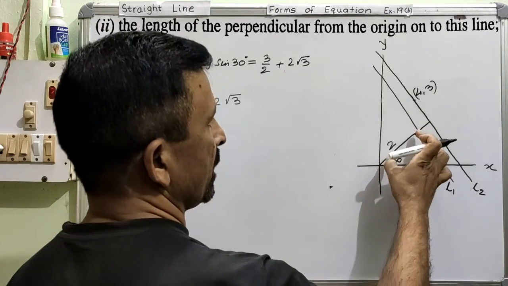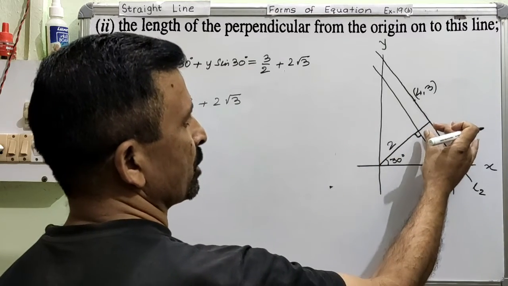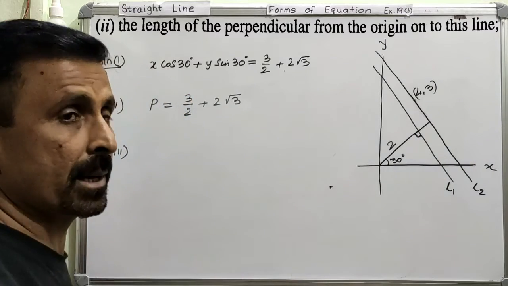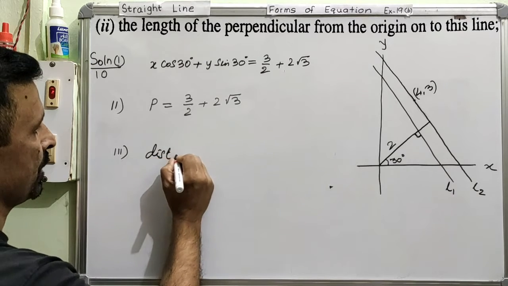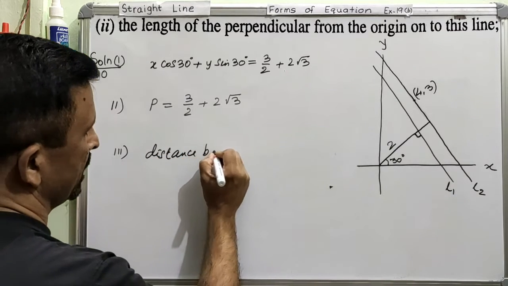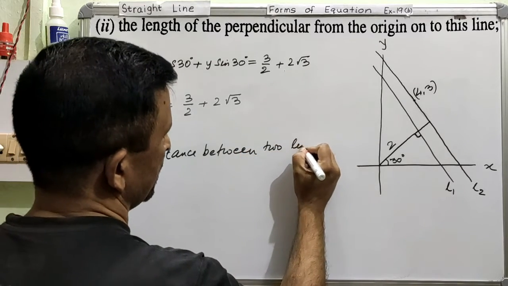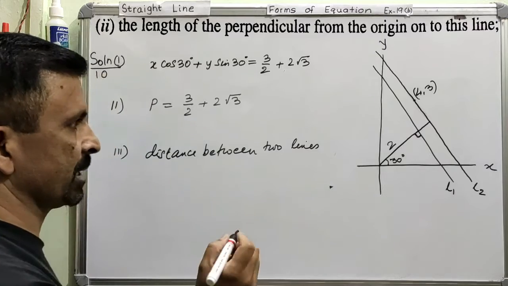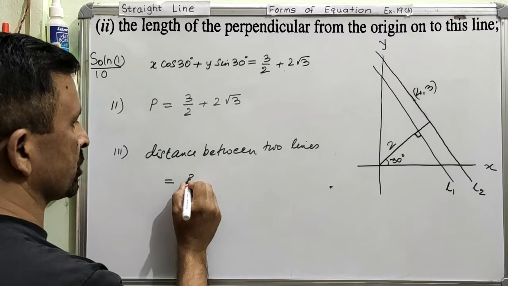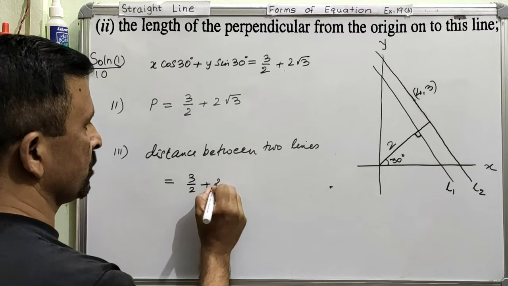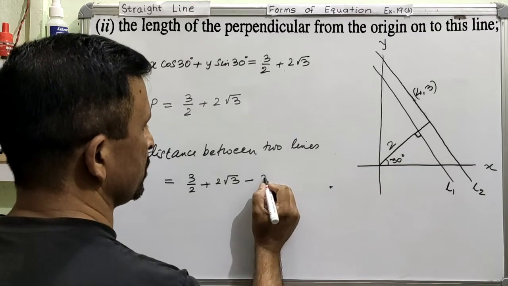Clear? So if we subtract this distance from this total distance, we will be able to get the distance between the two parallel lines. Am I clear? So we will say the perpendicular distance between the two lines will be equal to this distance, 3 over 2 plus 2 root 3, minus this distance 2.